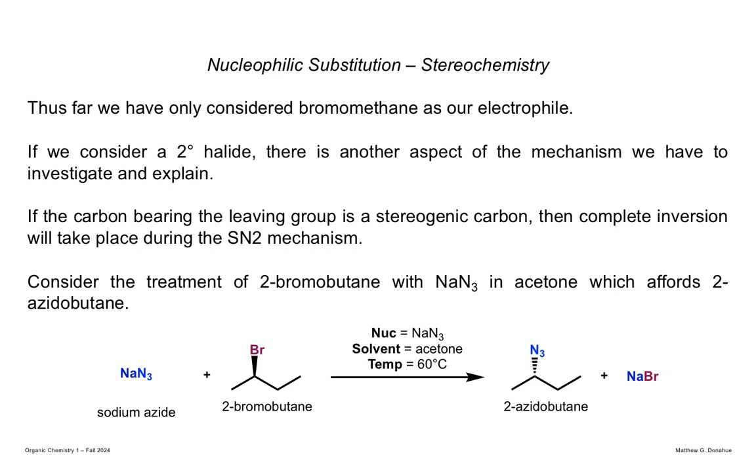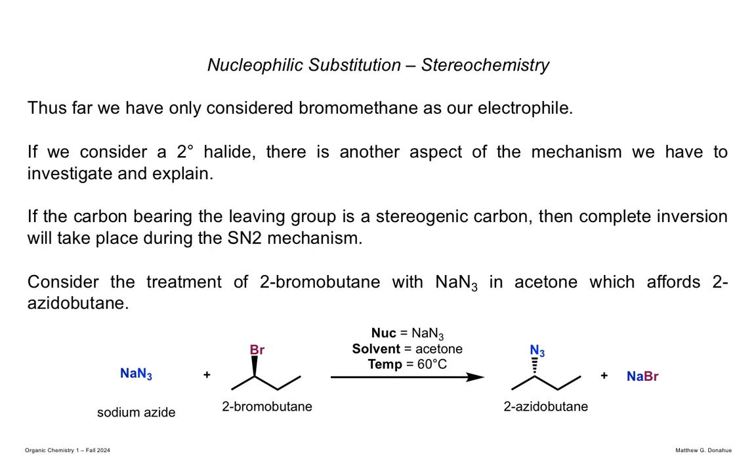So we represent that with the wedge or the dash, and then we also have to figure out the R and the S nomenclature. I want to say for 95% of the time, if you start with R and then you displace with the nucleophile, the product will have S. But you still have to validate that using the rules, because sometimes the priorities will not change to give you that R to S or S to R flip.